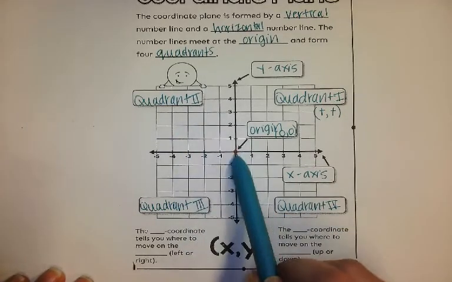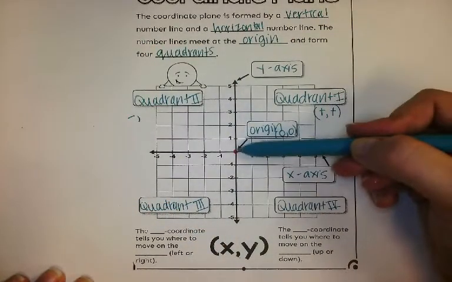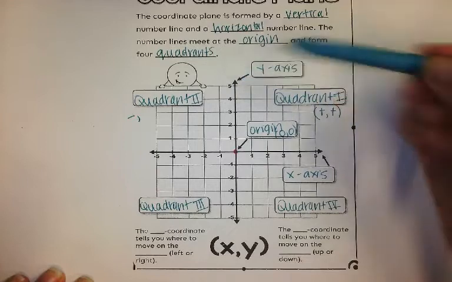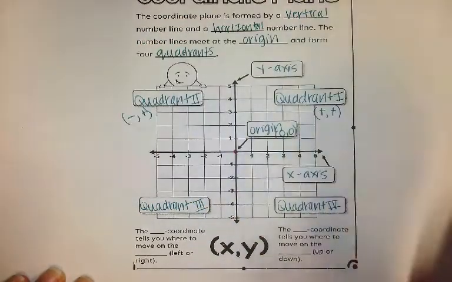Over here for quadrant 2, we're to the left of 0 on the x-axis, so our x values are going to be negative, but we're still above 0 on the y-axis, so our y coordinates are going to be positive.